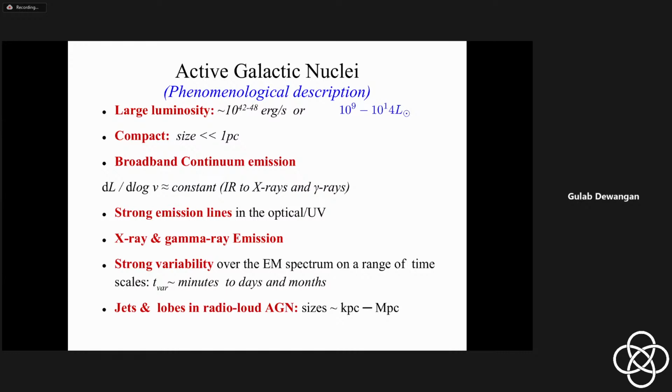Most AGNs show strong variability over the entire electromagnetic band, and the time scale of variability can range from a few minutes to days and months. About 10-15% of AGNs are radio loud, so they show strong jets and lobes in their radio structure. So these are the basic characteristics of AGNs.